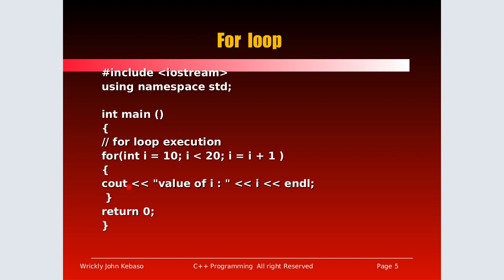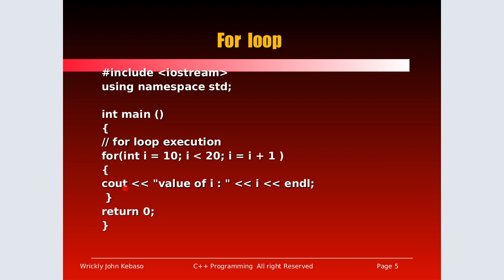And then we have what we call insertion operators. The two less than signs are called insertion operators, and these normally mean display anything that is after this insertion point, which is in quotes or in the form of a variable.